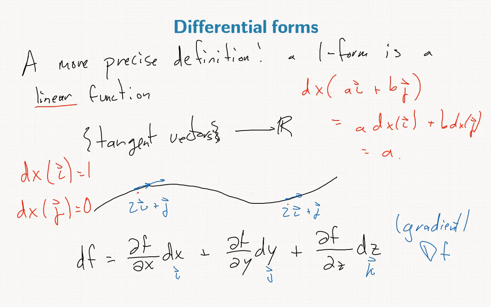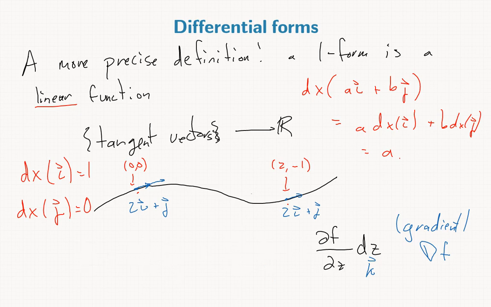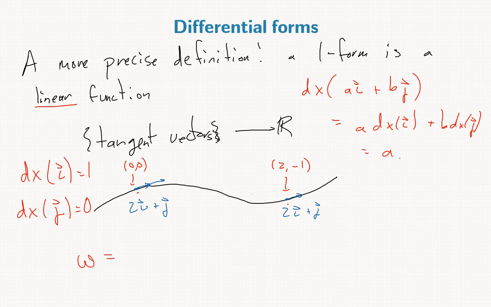So let's say this is 0, 0, and this is 2, -1 in the plane, and my one form was omega equals -y dx.